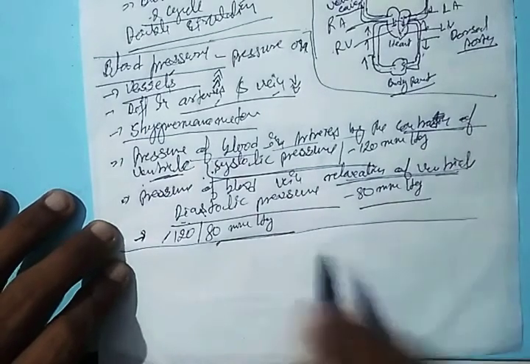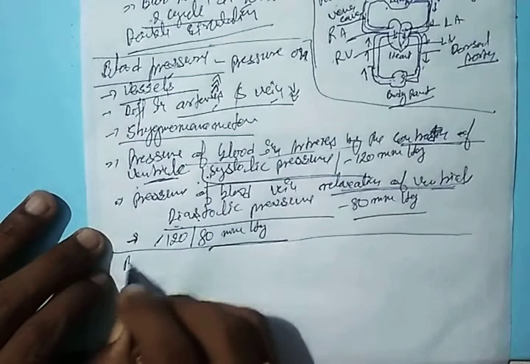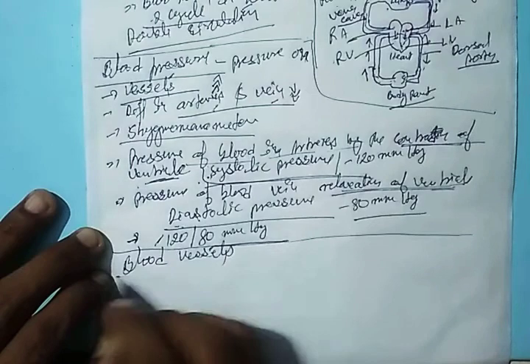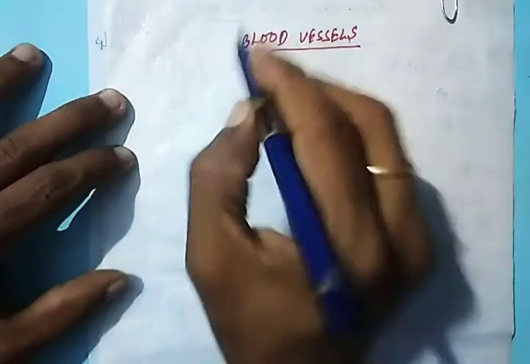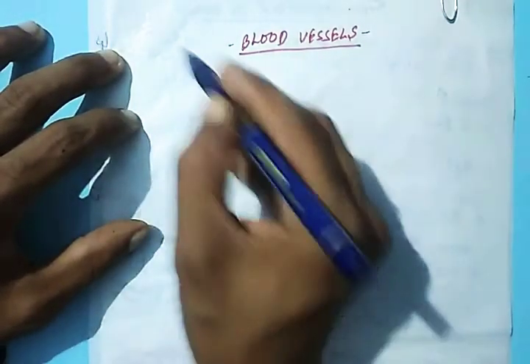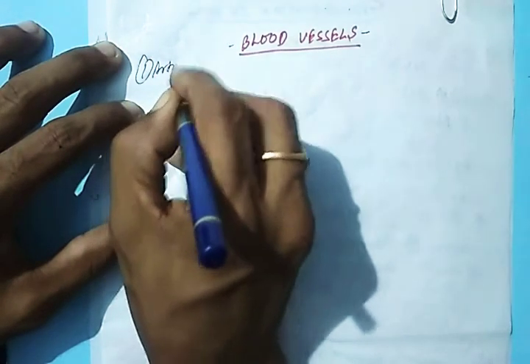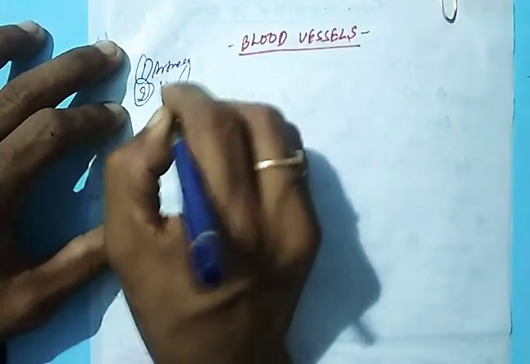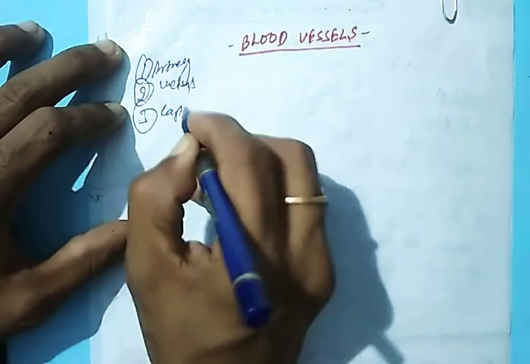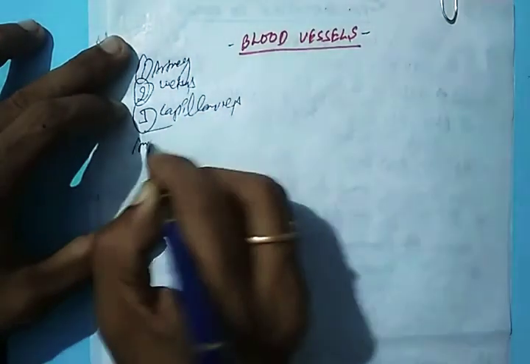Okay, then we start the new topic. Our next topic is blood vessels. Blood vessels are those vessels which circulate the blood in the whole part of the body. There are basically three types: number one artery, number two veins, and number three capillaries. So start with artery.